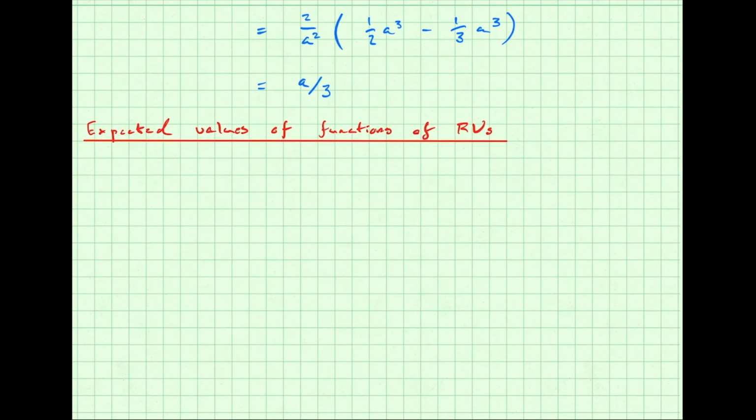But let's just say what we're doing here. Let x be a random variable, and let's say you have another random variable, z, and it's some function of x. It could be like a constant times x, or all kinds of different things. So that's another random variable.